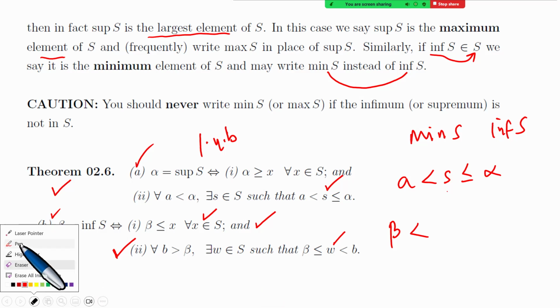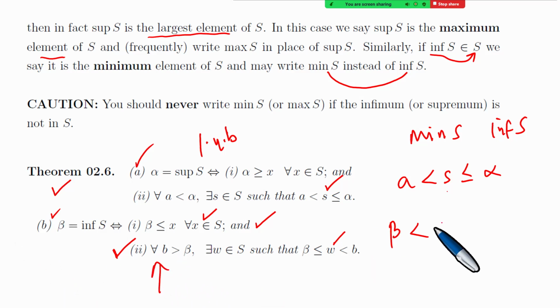We start with beta smaller than b, then we are able to sandwich a w between these. These are numbers.